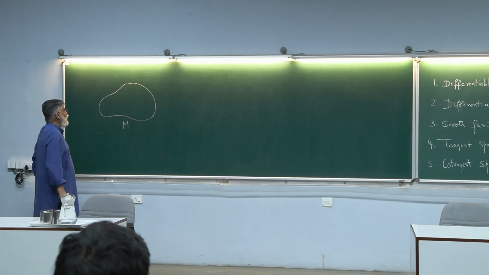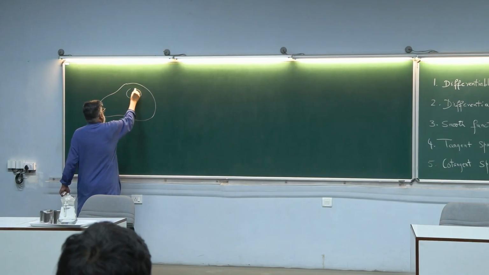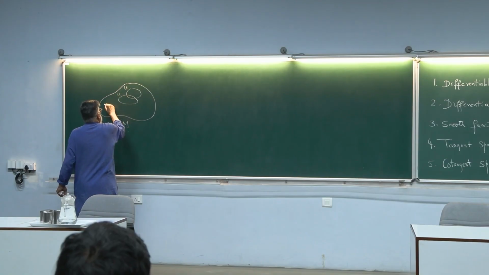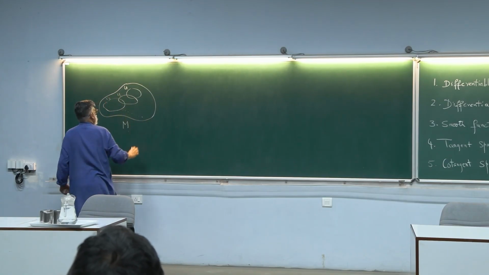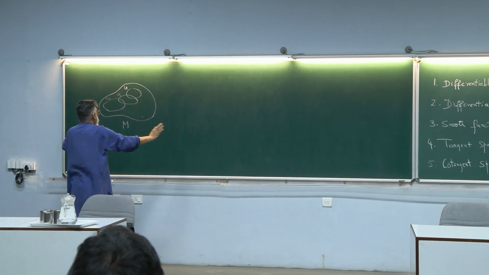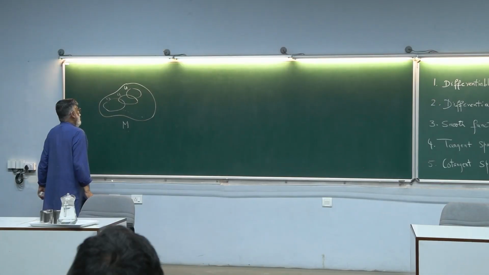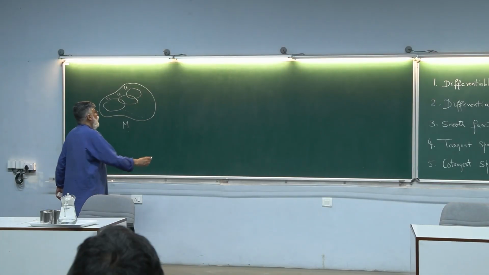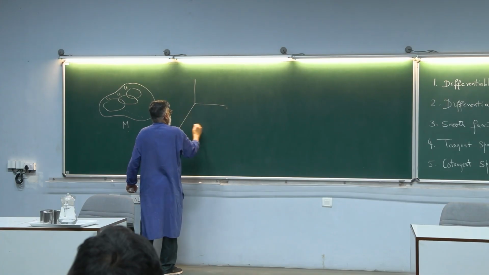And then we saw that you can have open sets U1, U2 and so on. You cover the entire manifold with a collection of open sets, and then you can have homeomorphisms to Rn.